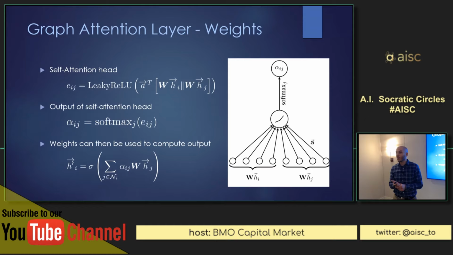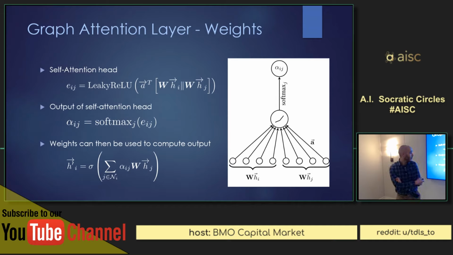But from here, I understand that HI is the source node, and HJ is the target node. So you are only looking at the outward direction. You don't look at the backward direction. If you want to put the backward direction, you would have WHJ concatenated with WHI in the formula for HI. Here you don't. And here it specifically says that HI goes before HJ.